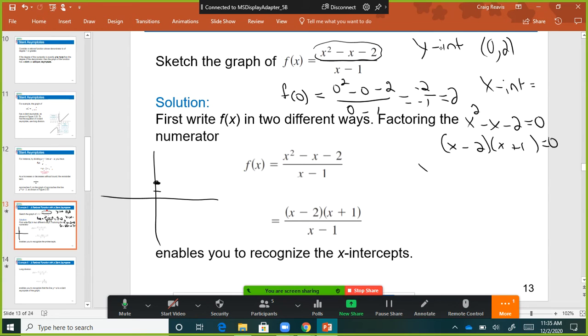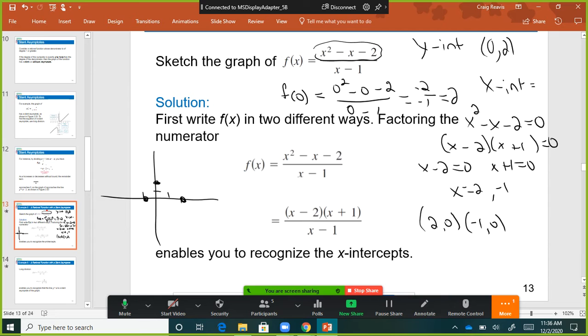Then I set each one equal to 0, and I get x equals 2 and x equals negative 1. So my x-intercepts are at 2, 0 and negative 1, 0. All right, so I go to 1, 2. That crosses the x-axis right there, and I know it crosses the x-axis right there.